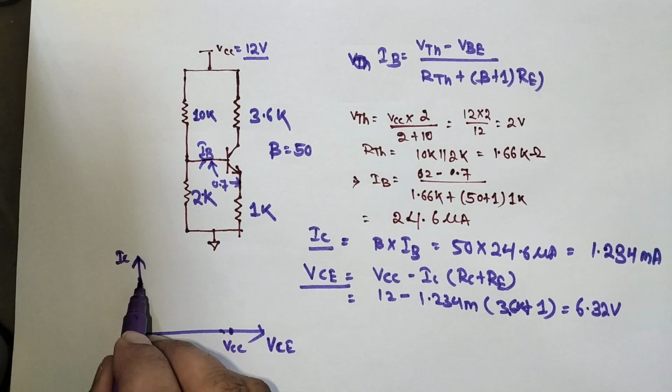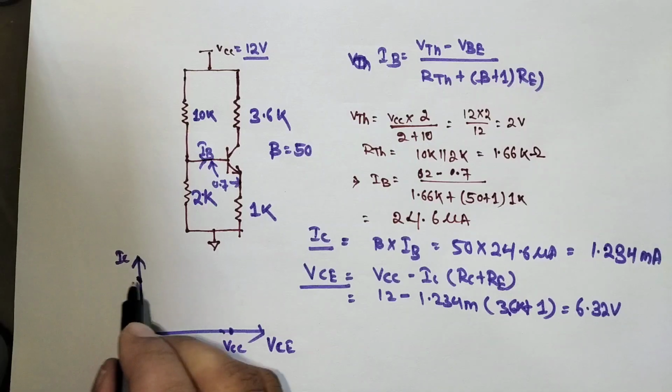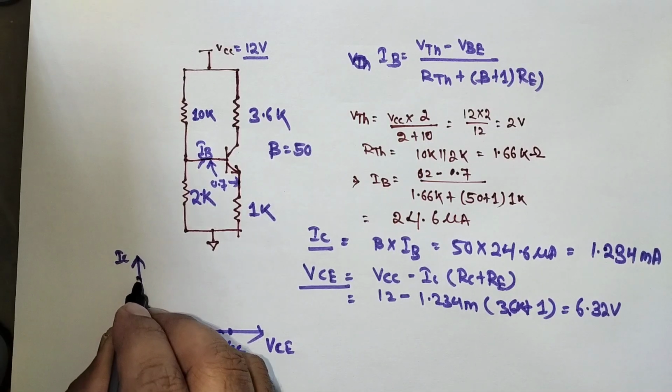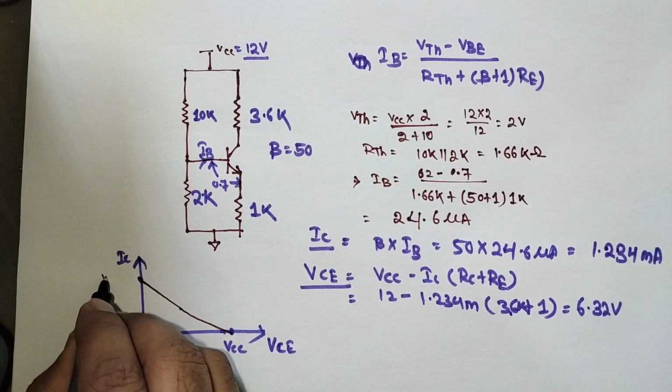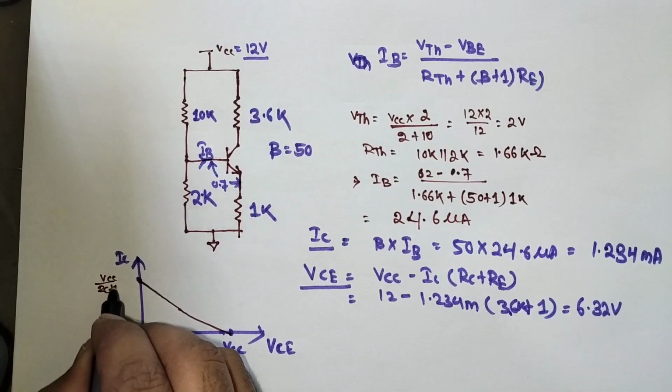This line we get is the load line. This is the maximum, VCC by RC plus RE.